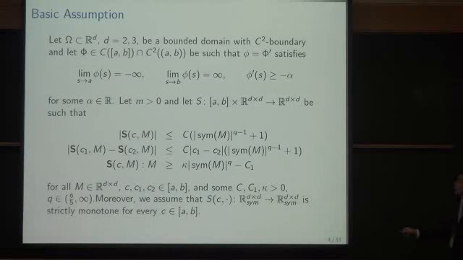Here the absolute value means the Hilbert-Schmidt norm, and the Hilbert-Schmidt norm of S(C, M) can be estimated by the Hilbert-Schmidt norm of the symmetric part of M to the power of q minus 1, plus 1, times a constant.